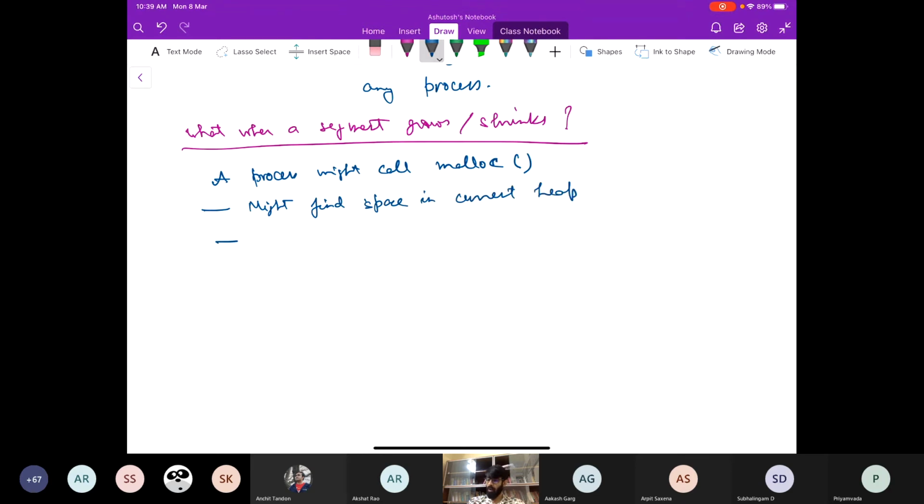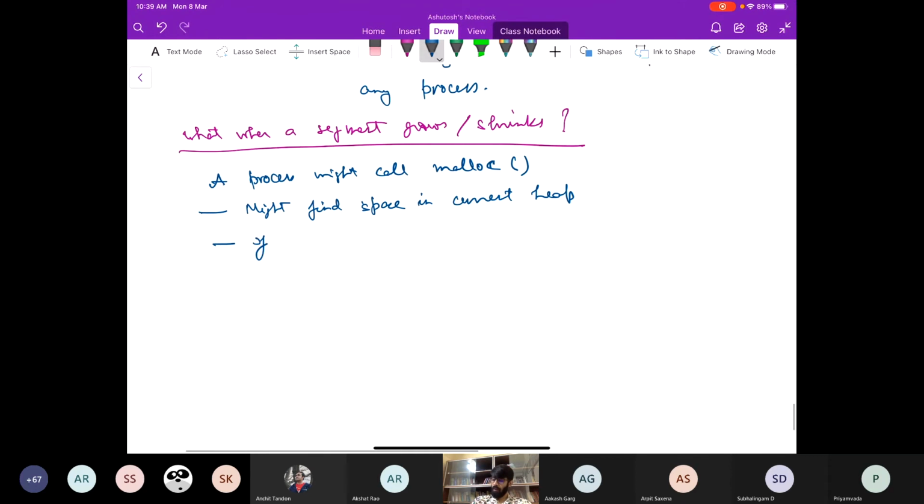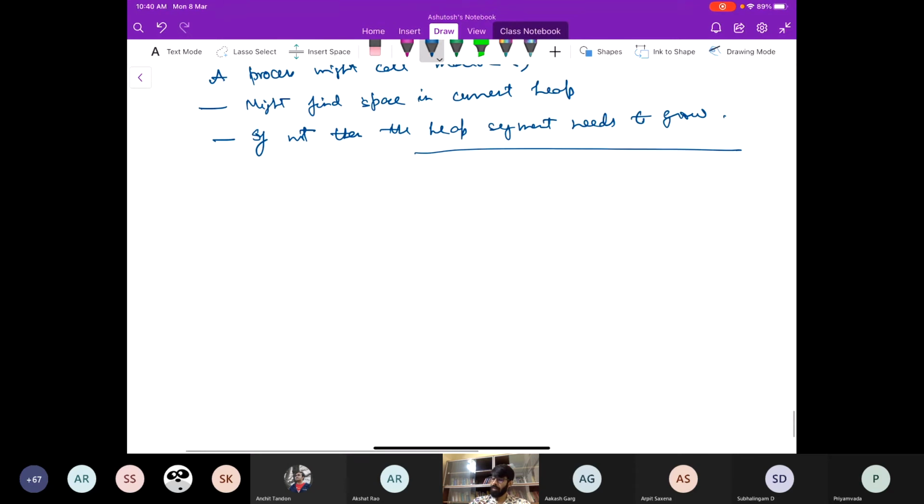But maybe it will not. If not, then the heap segment needs to grow maybe. So now how will this happen? How will the heap segment grow?